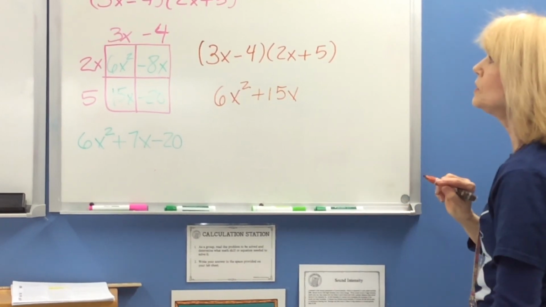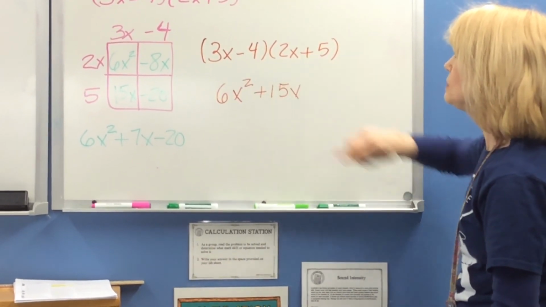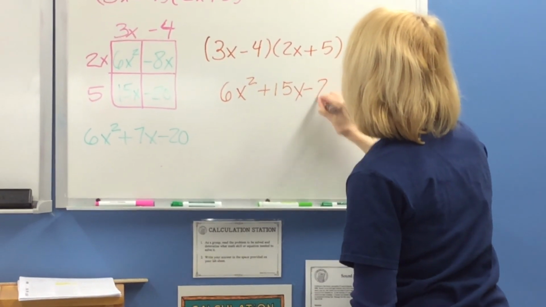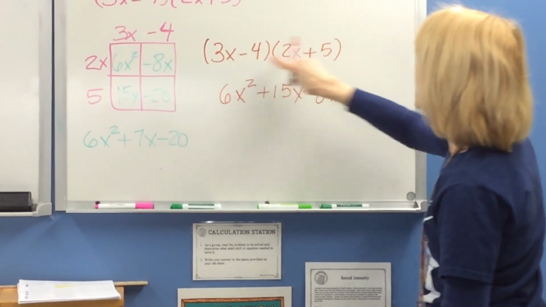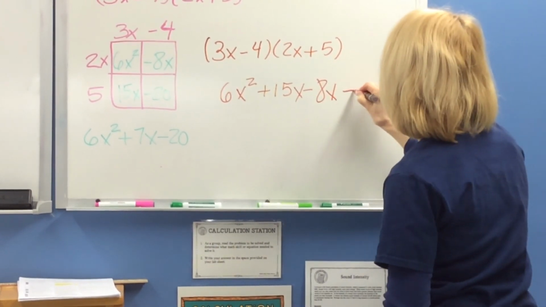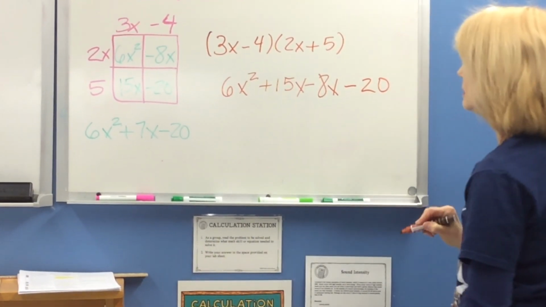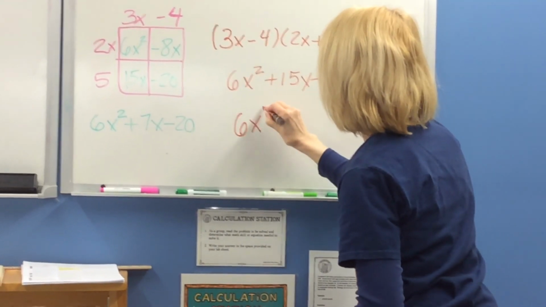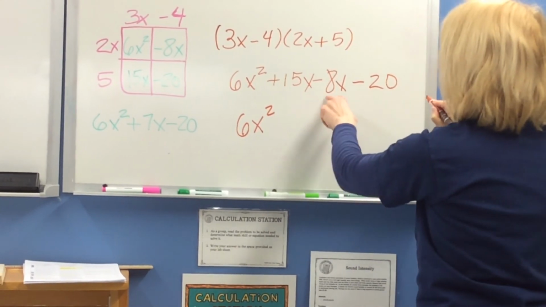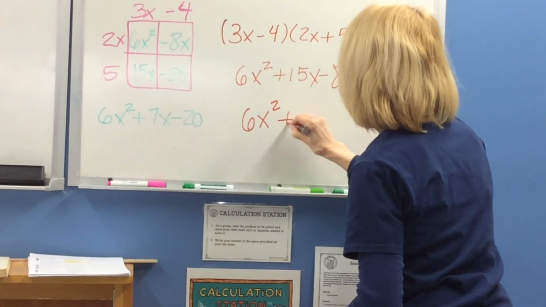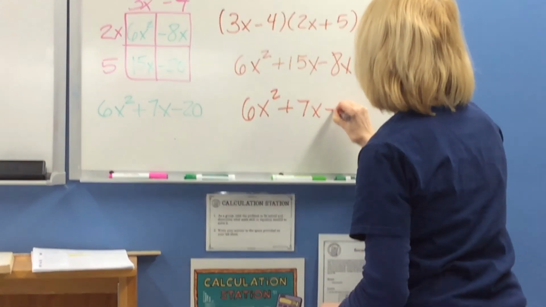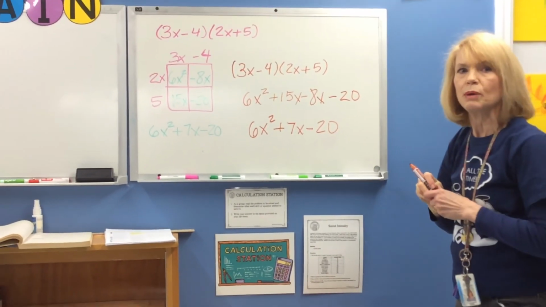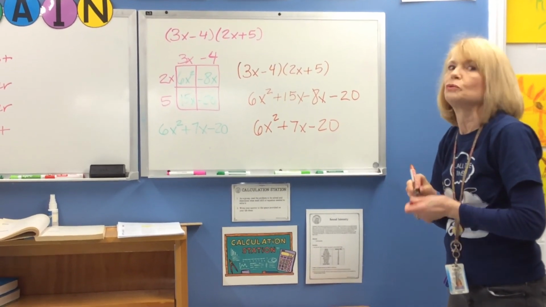Then I'm going to do inner, negative 4 times 2x, minus 8x. And then last, negative 4 times 5, minus 20. I can combine those two. 15x minus 8x is 7x, minus 20. See, we get the same answer no matter how we do it. Whatever way is easier for you, okay?